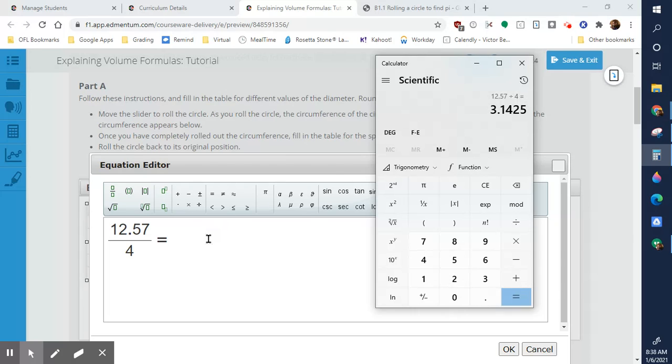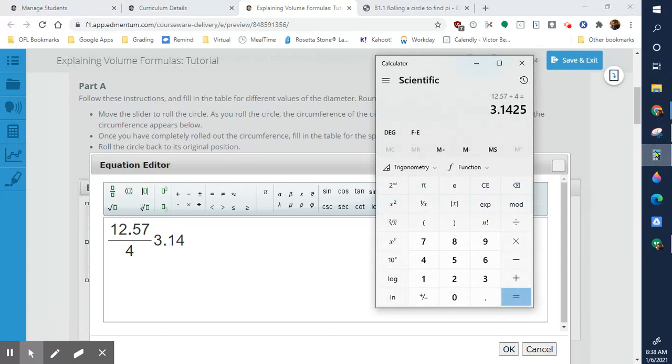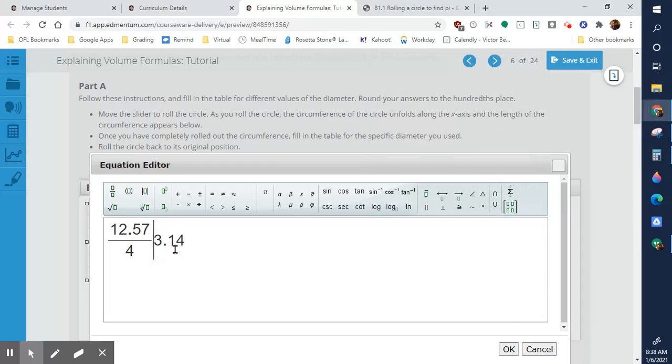It's equal to about 3.14. I'm going to change this to approximately equal to, well, let's make it as exact as we can: 3.1425. The rest we're just going to divide out.